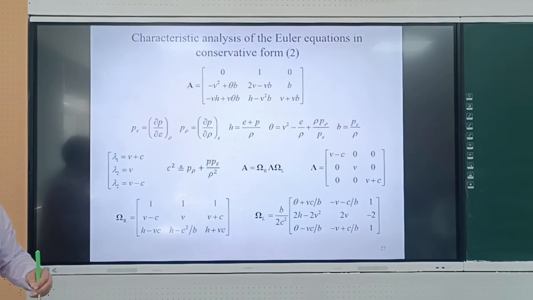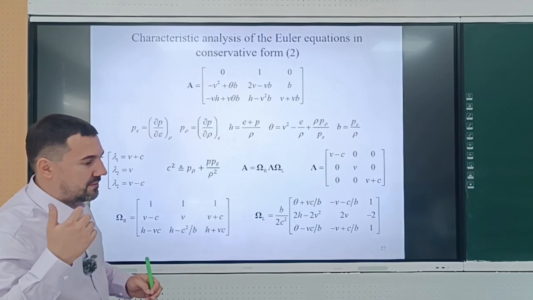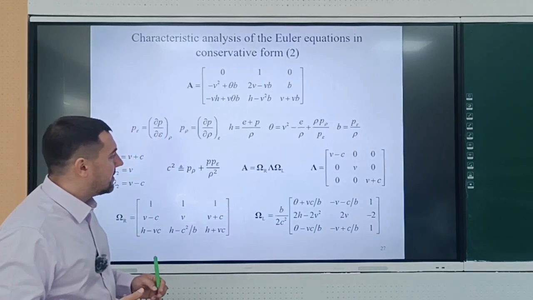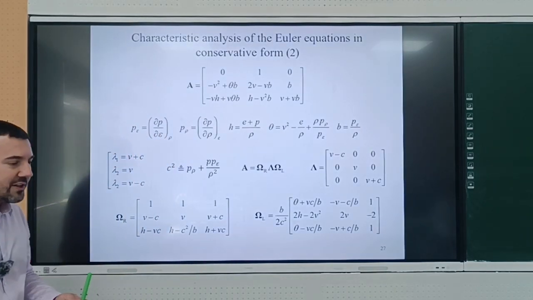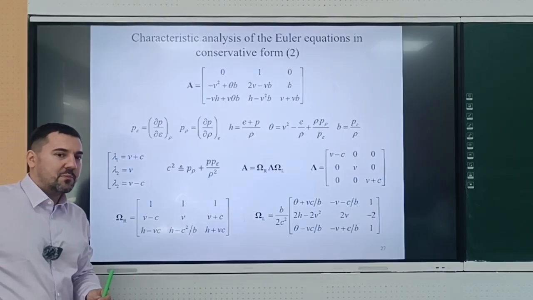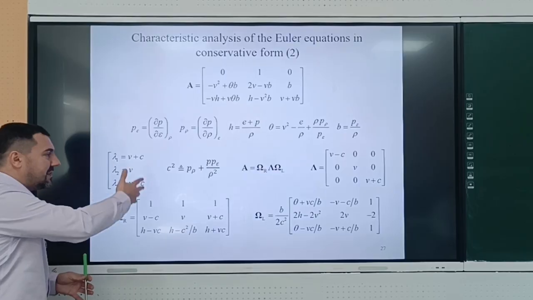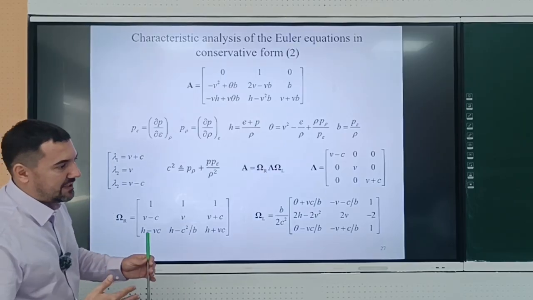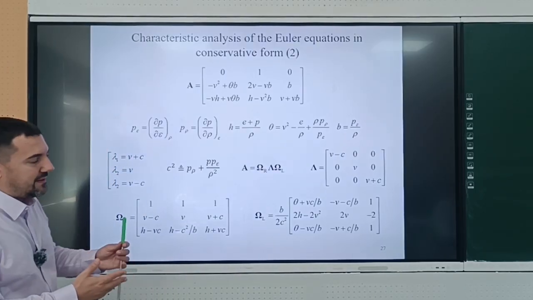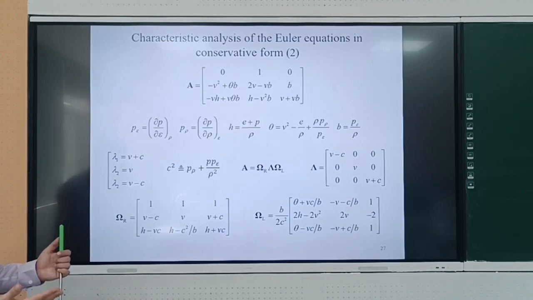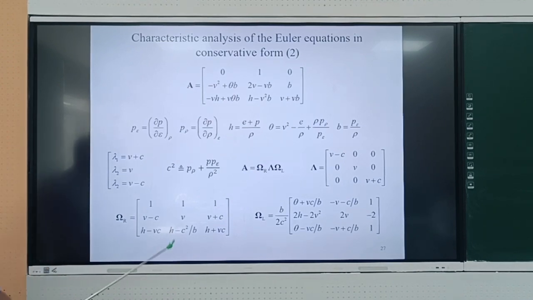That is why people 50 or 60 years ago developed different numerical methods for subsonic flow, for supersonic flow, for transonic flow, because the structure of the properties of the flow changes drastically.